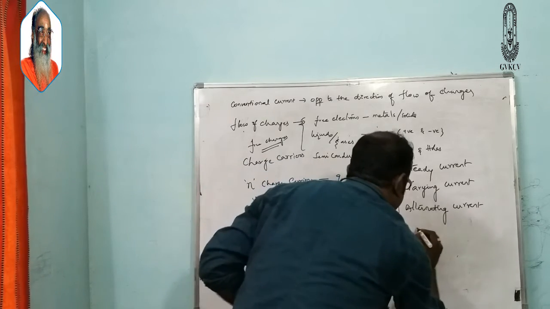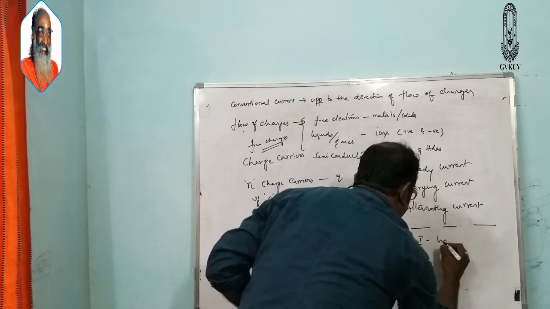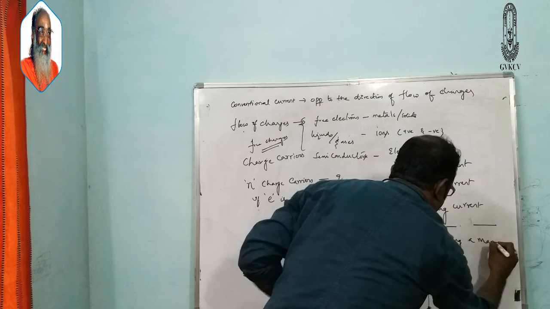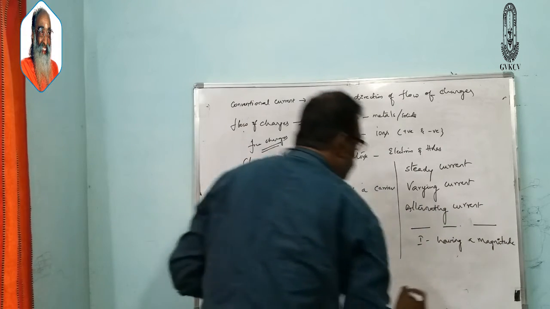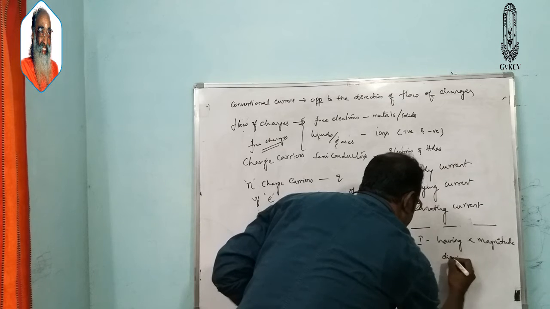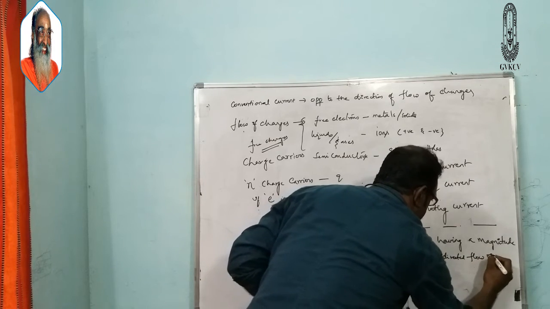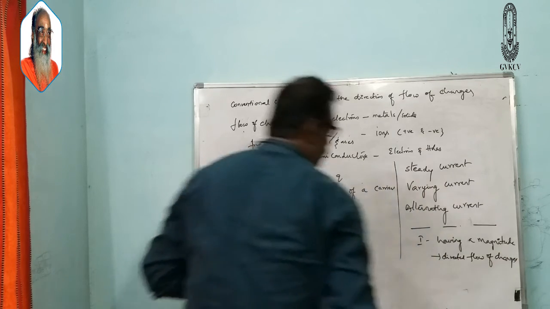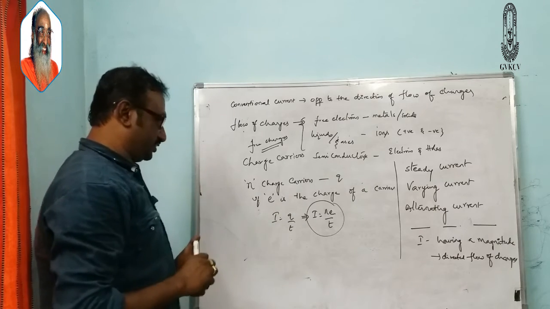So here you know that our electric current has a magnitude and directed flow of charges. Electric current has magnitude and directed flow of charges.